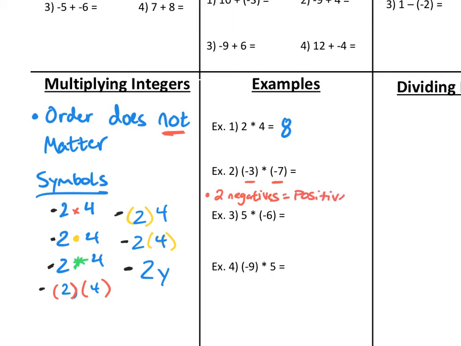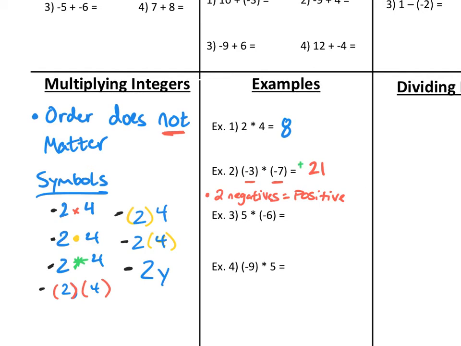So when you're multiplying 2 negative numbers, that will turn into a positive number. Okay? So right here in example 2, you have a -3 and a -7. When you multiply those, you do get 21, but since they were both negative, it turns into a positive 21.